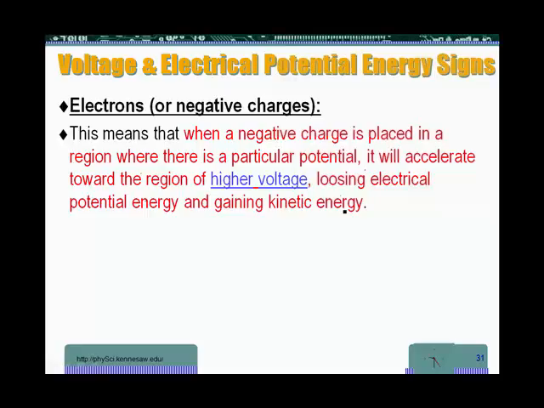Essentially, like a mass, when you put it in a higher location and you let go of it, it's going to accelerate to the lower level, losing gravitational potential energy and gaining kinetic energy. So a negative charge is going to move towards higher voltage, losing electrical potential energy in the process.